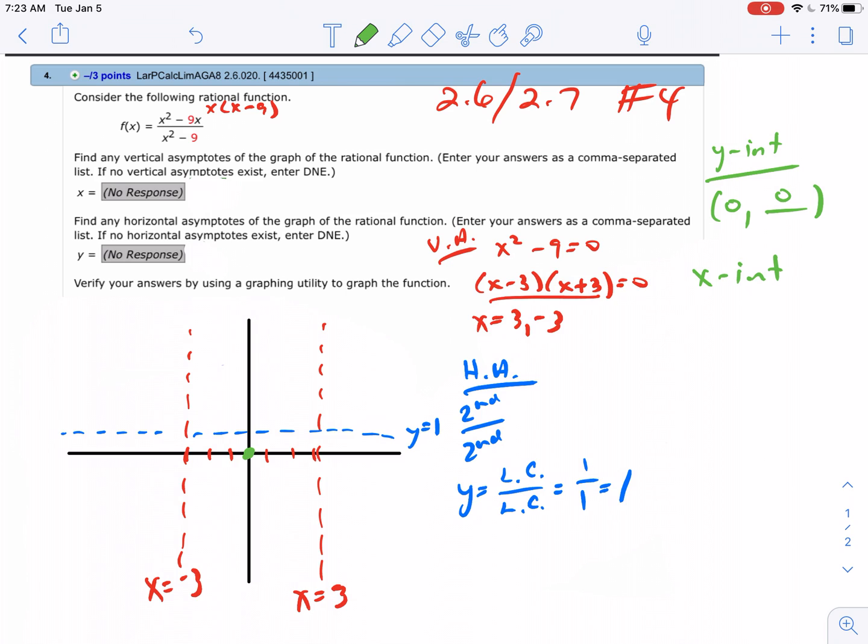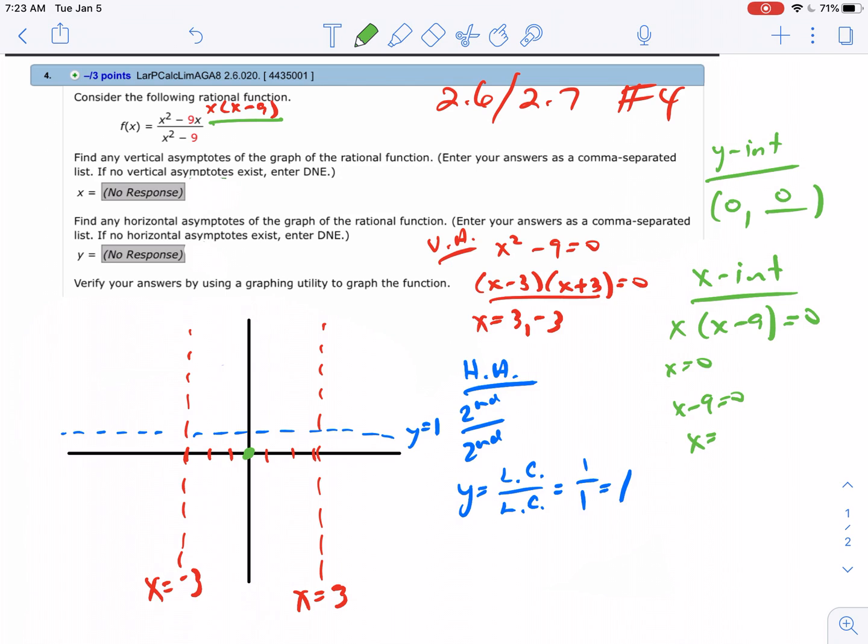So if I do the x-intercept, what makes the top equal to 0 without making the bottom 0? Since I've already factored out the x, I'm going to write that one down. So x minus 9. And if I set each one equal to 0, x is 0.